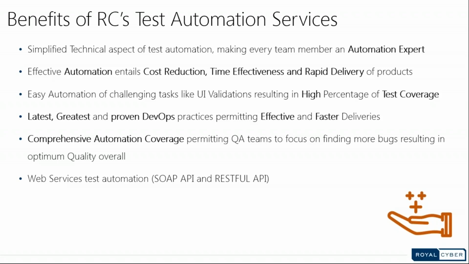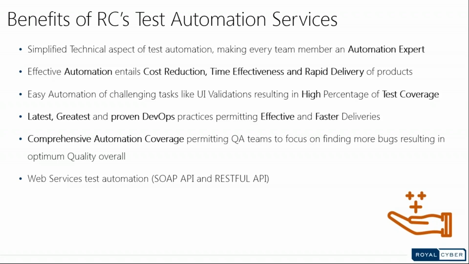So based on these four major aspects, this test automation service with Royal Cyber's test automation framework has been delivered. We'll see quickly what the benefits of using this framework are. Every test automation team member is going to be an automation expert while using this framework, and effective automation entails cost reduction, time effectiveness, and rapid delivery.